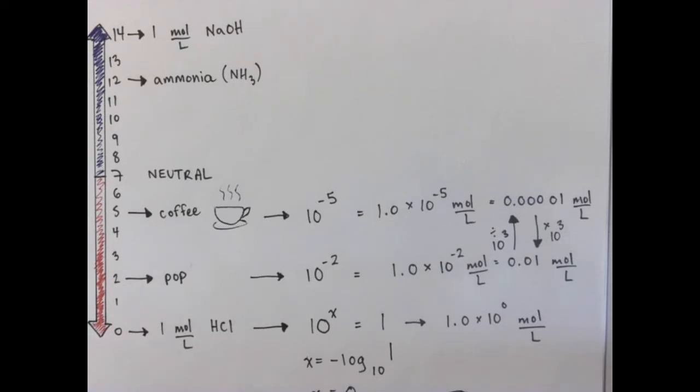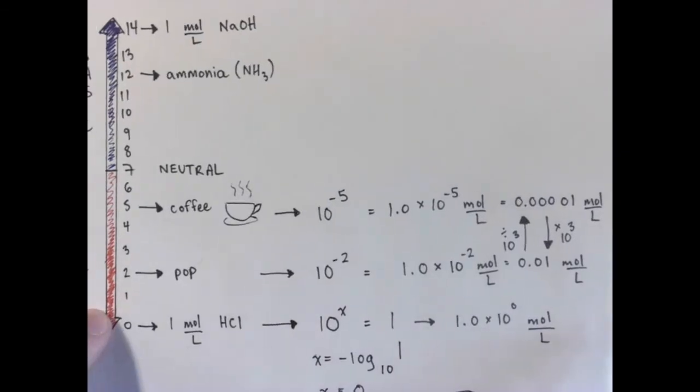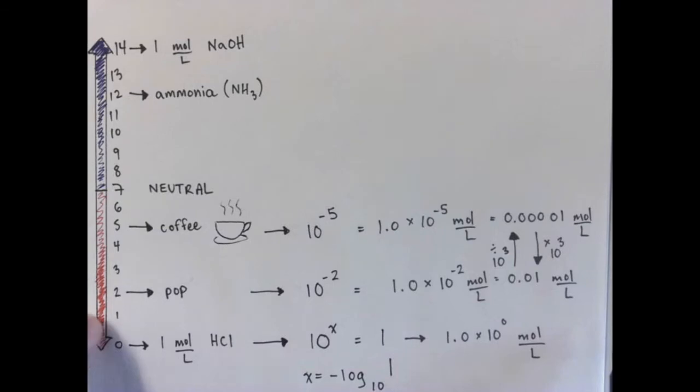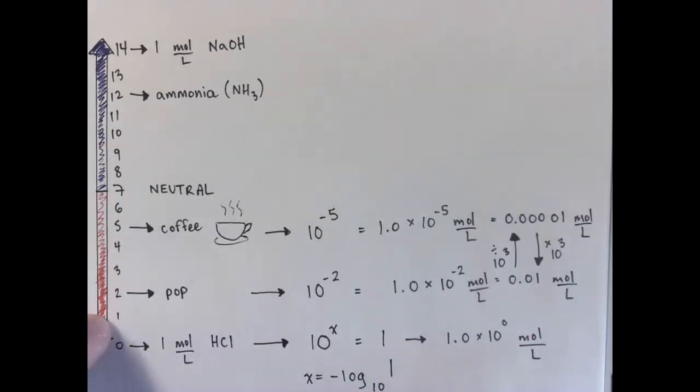So, what does this all mean? Well, what it means is that for every 1.0 increase in pH, so if my pH is increasing from 1 to 2, my hydronium concentration will decrease by 10. So it's like I divide by 10.